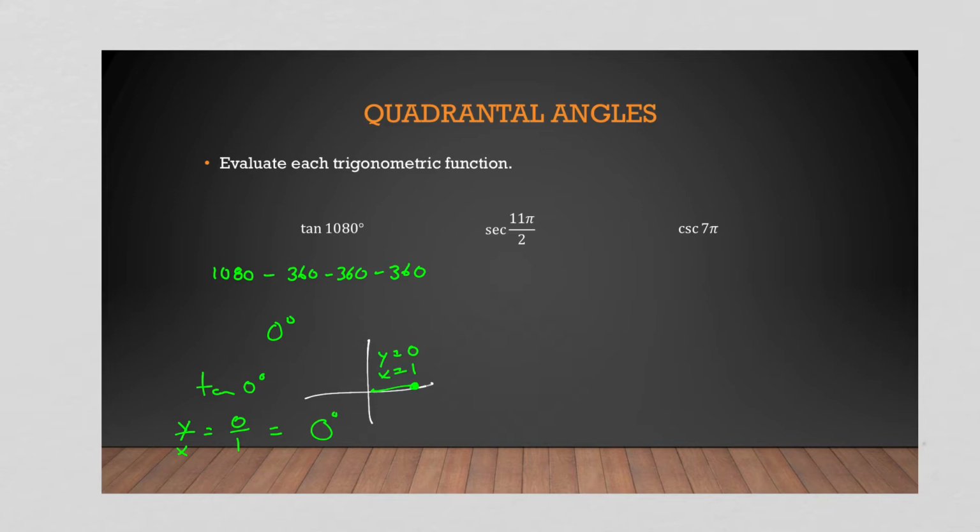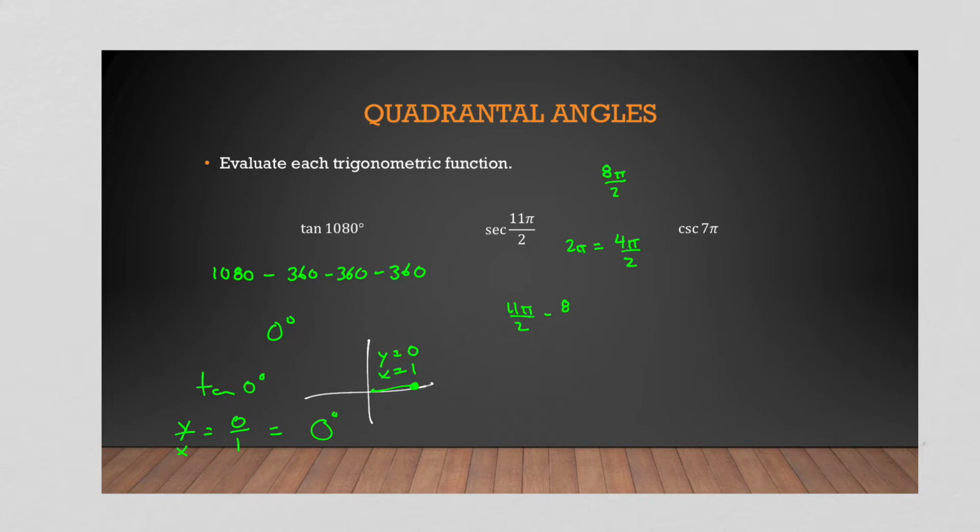And now we are going to look at secant of 11 pi over 2. So for this one, again, we are way more than 2 pi over, right? In this case, if you have a denominator of 2, 2 pi is equal to 4 pi over 2. So if we go 11 pi over 2, and we subtract 2 rotations, that would be 8 pi over 2.